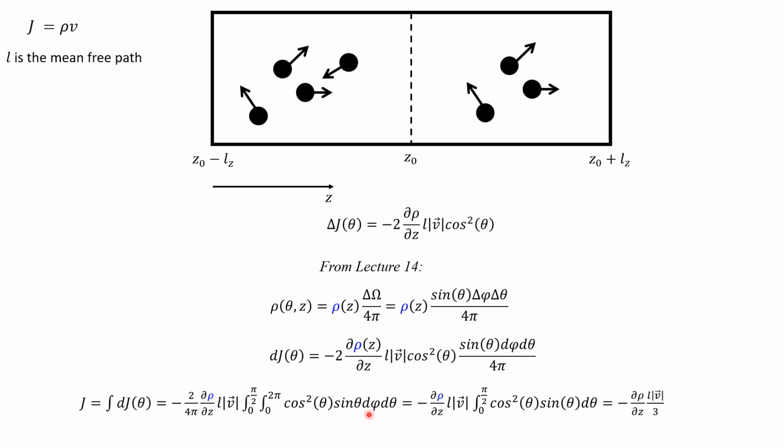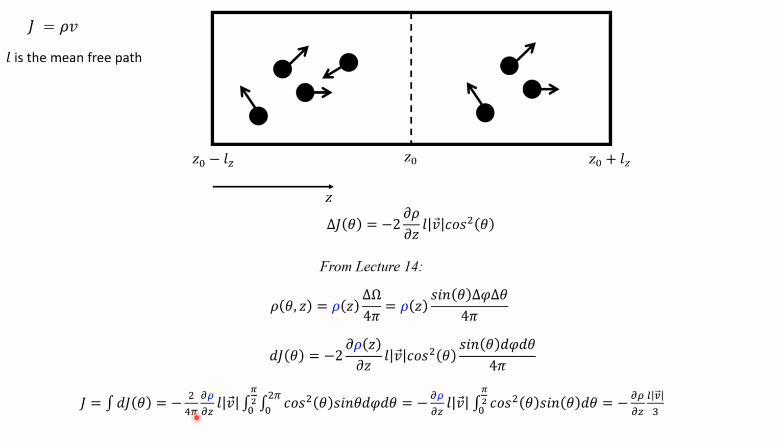And the angle phi that we defined in the previous lecture, we integrate between 0 and 2 pi, because all angles phi contribute to the current as long as theta is between 0 and pi over 2. And the function does not depend on phi, so the integral over phi is just 2 times pi. So we're going to get 4 times pi here when we multiply 2 pi times 2.